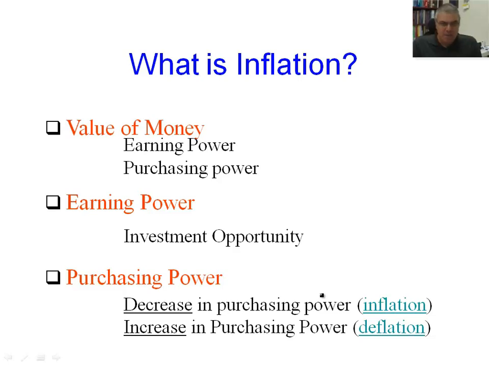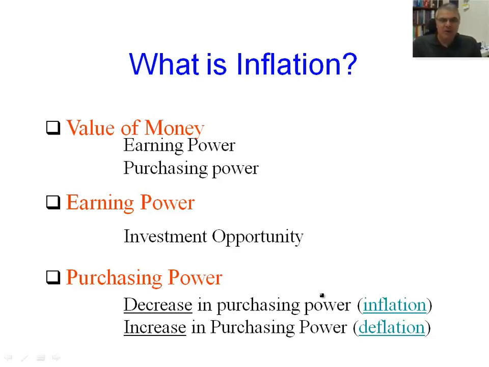You cannot buy something that is worth more than $100 with that. For example, with $100, you cannot buy a brand new car nowadays, and that means the $100 bill that you have is a certain value, and it has a certain purchasing power.